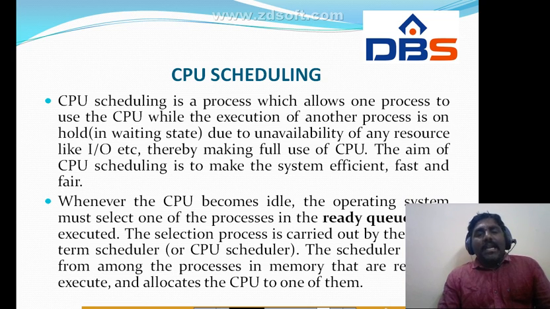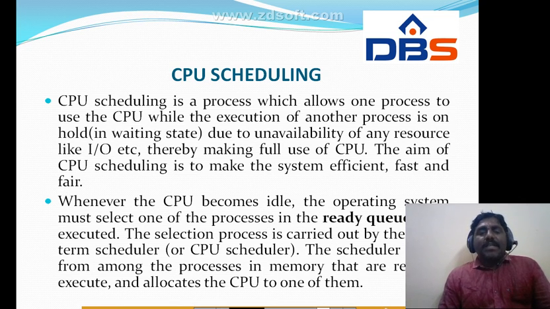After creation the process will come to the ready state. After the ready state the process will move to the running state for execution. It means that when the process is in the running state, it is executed by the processor. After completion of the process, it will terminate.